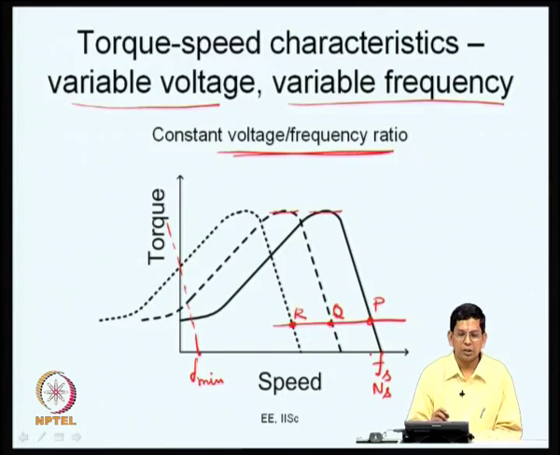Of course, this is an open loop drive, and you can have several closed loop drives. With constant V by F also you can have what is called slip regulation, where you can compensate for slip.